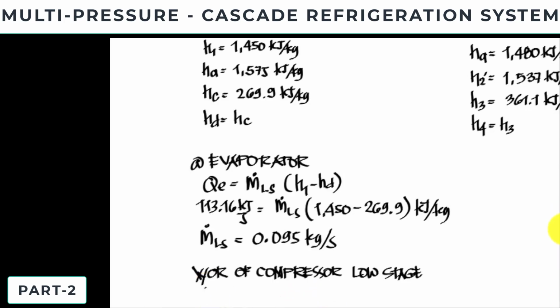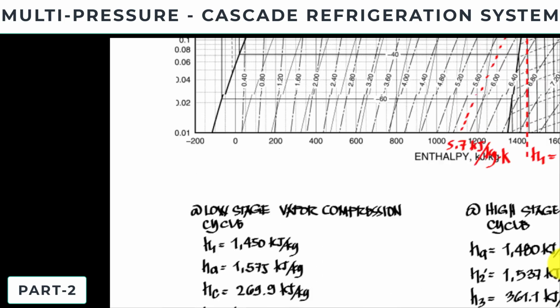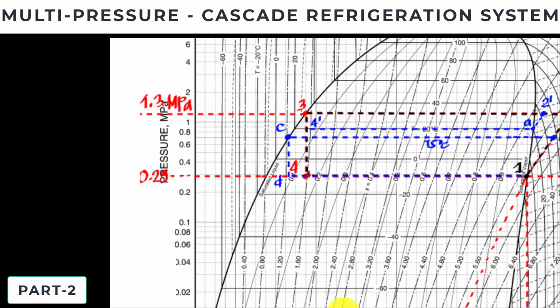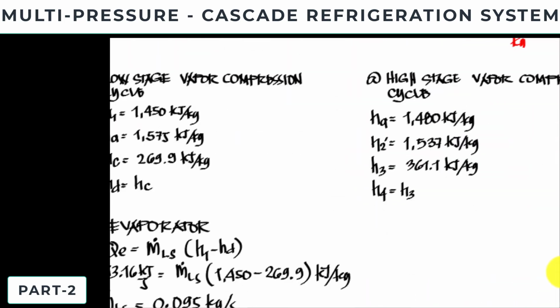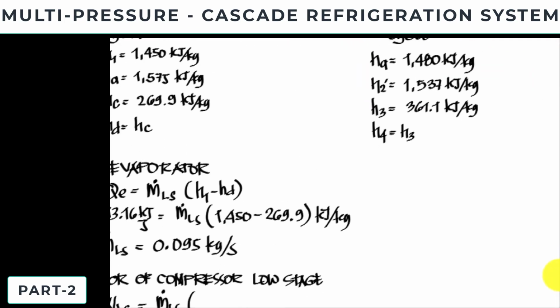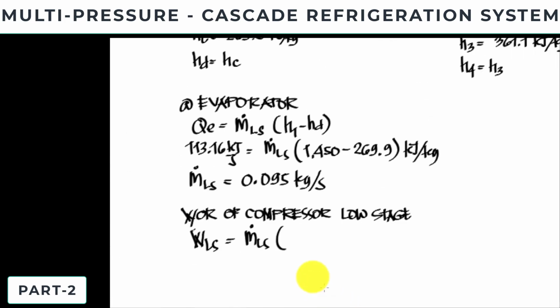For the work, we have the work of the compressor at the low stage, so that will be the mass flow rate of the low stage times the change in enthalpy. Looking at the diagram, the work of the compressor is from point 1 to point B, so that will be enthalpy B minus my enthalpy 1.